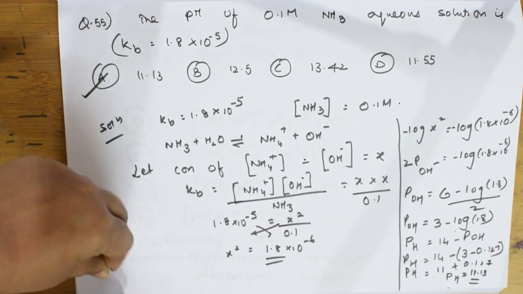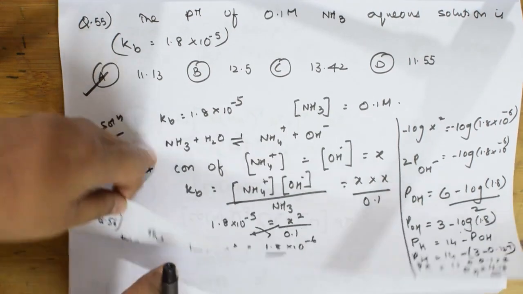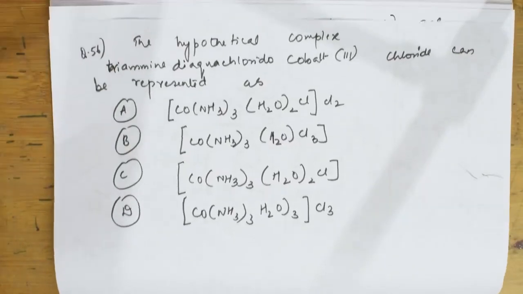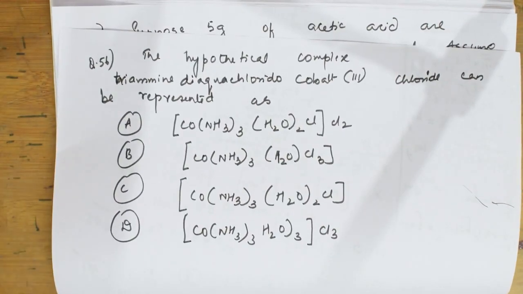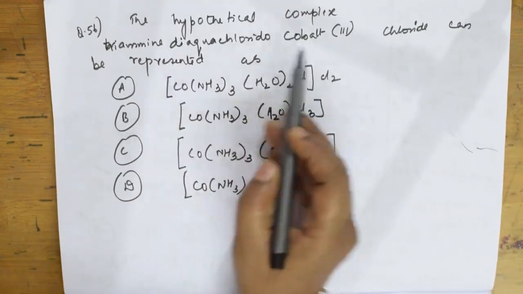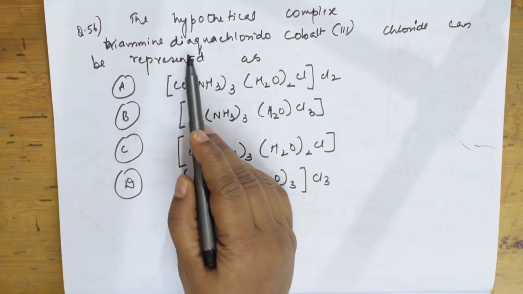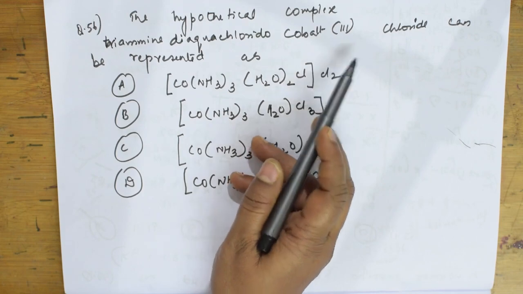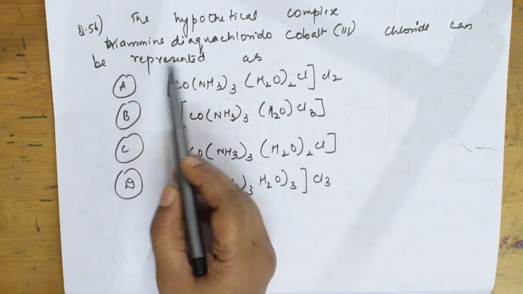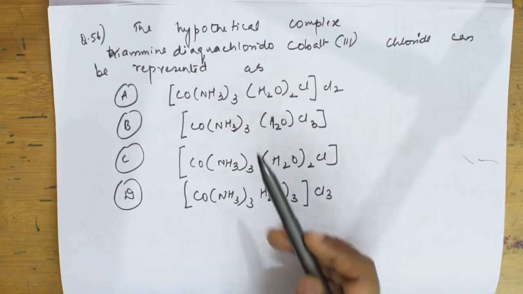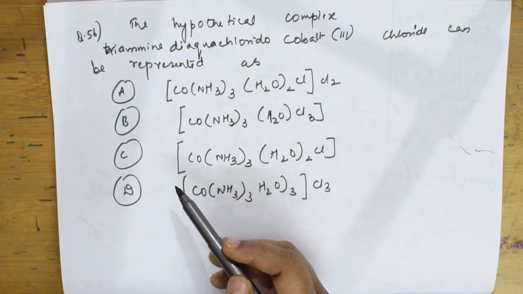Right, let's see what is the next question given to us. Numerical after numerical done. So here this is a coordination chemistry chapter. They've given the hypothetical complex triamine diaqua chlorido cobalt 3 chloride can be written as. So they've given the complex here, and we have to see the nomenclature of the complex.